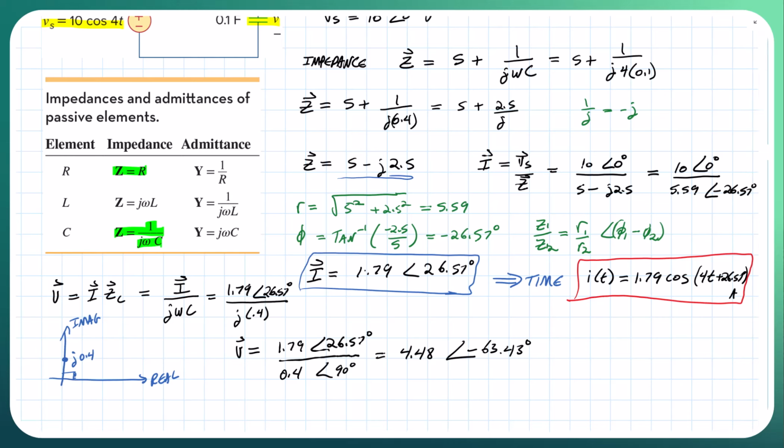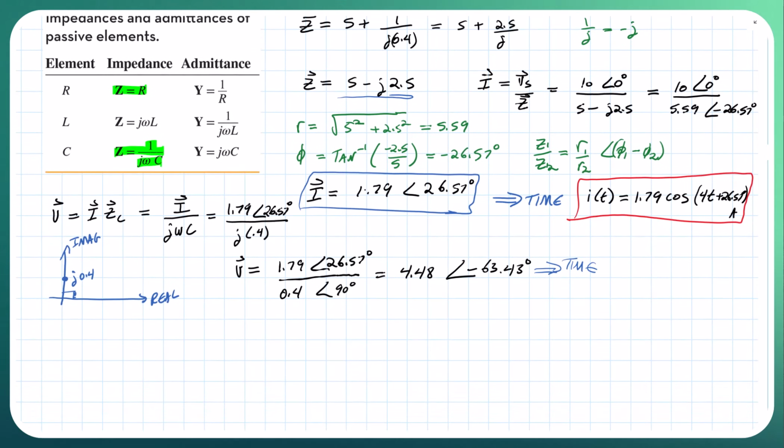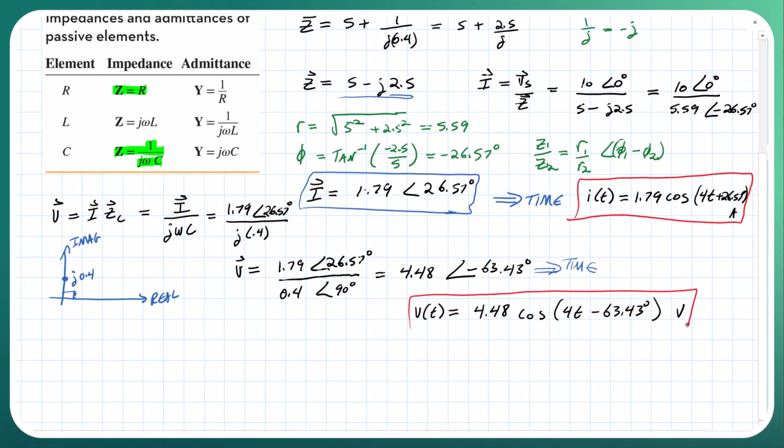Then we want to convert this into our time domain, which gives us V of t is equal to 4.48 cosine 4t minus 63.43 degrees, and this is in volts.